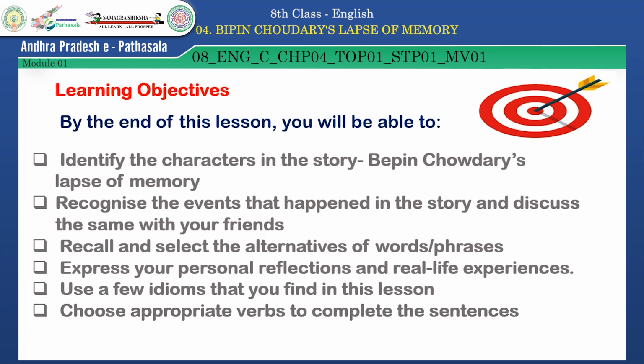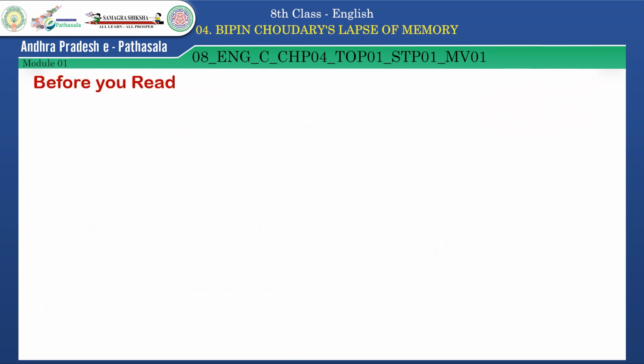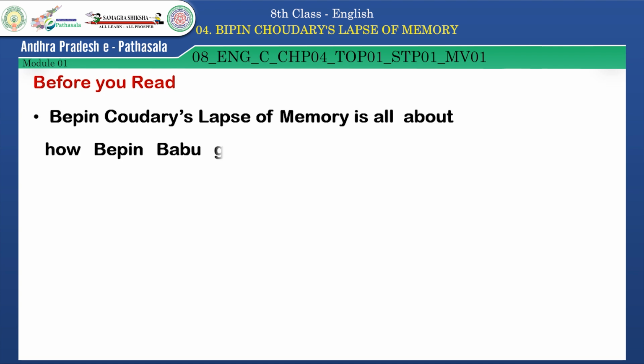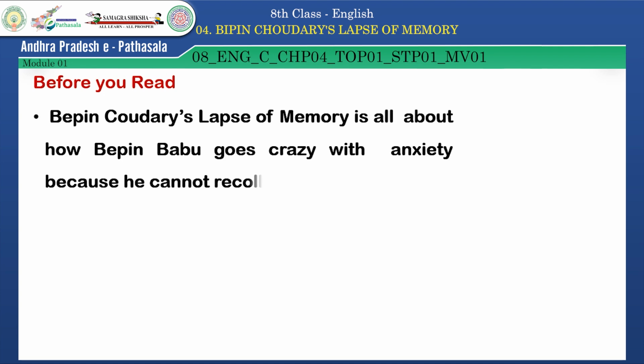Now we will move to the first part of our session, the before you read activity. Be ready to enter into the first part of the activity. Bipin Choudhury's Lapse of Memory is all about how Bipin Babu goes crazy with anxiety because he cannot recollect his stay at Ranchi.